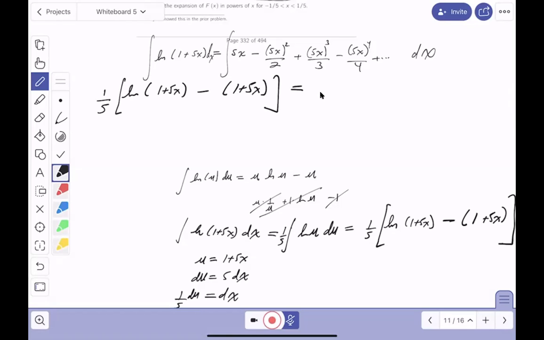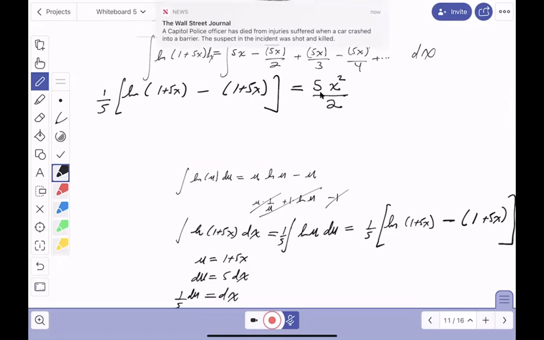Now let's do the other side. It's going to be 5x squared over 2. You know what? I want to put my constant down first.